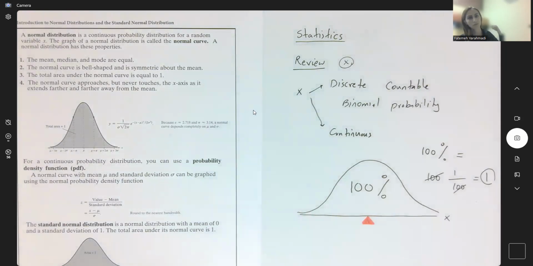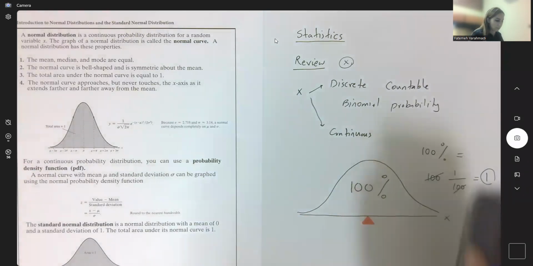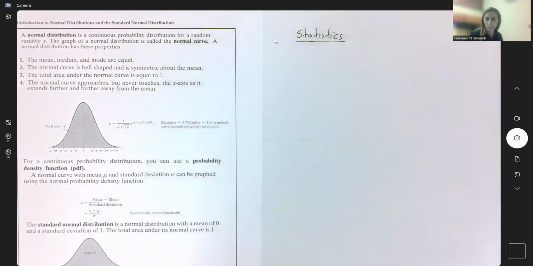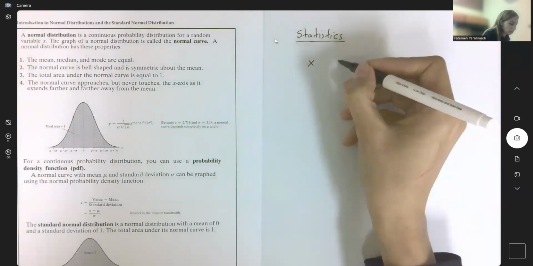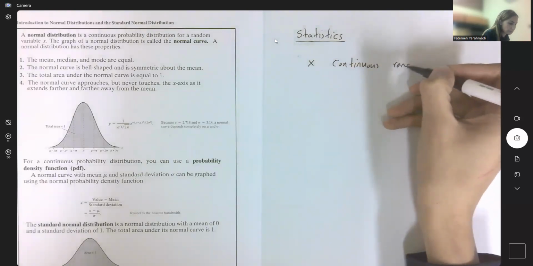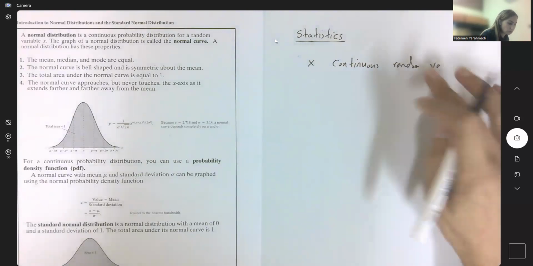And finally, for a continuous probability distribution, you can use a probability density function that we introduced. So we are statisticians, am I right? Some data, as we mentioned before, are confidential data. If I give you a random variable x representing, for example, the IQ score of all students, x is a continuous random variable.